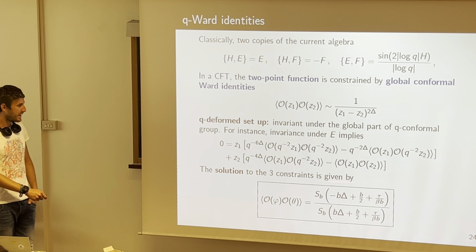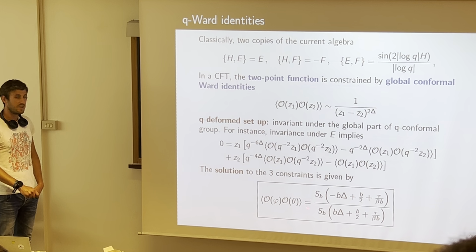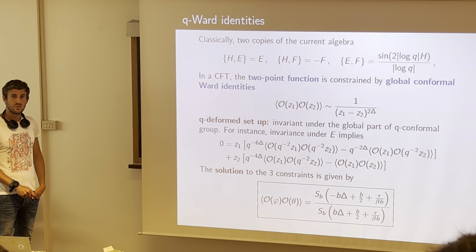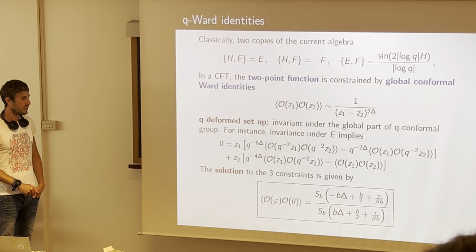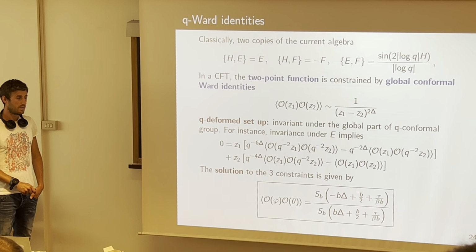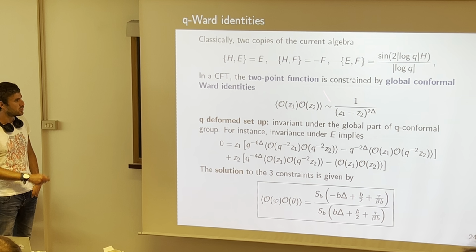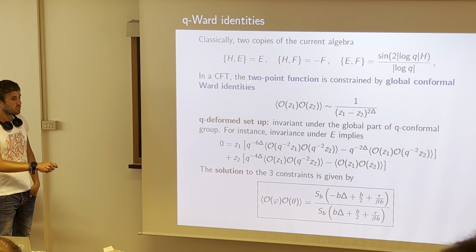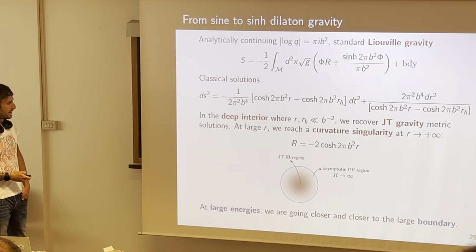So the question is, can we find this result from a gravity calculation? Can we embed this result in sine dilaton gravity in some way? Because we expect this result to emerge in some kind of limit as we approach the asymptotic boundary.